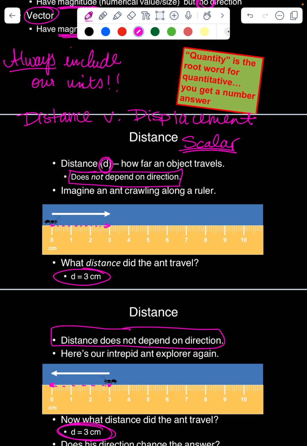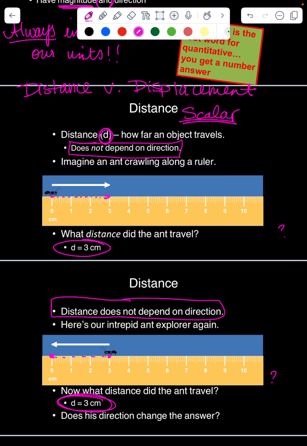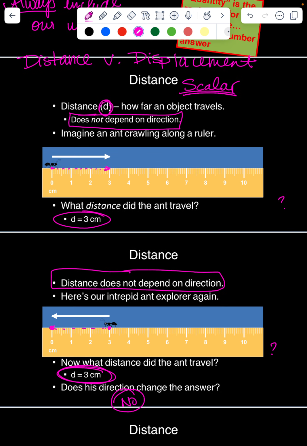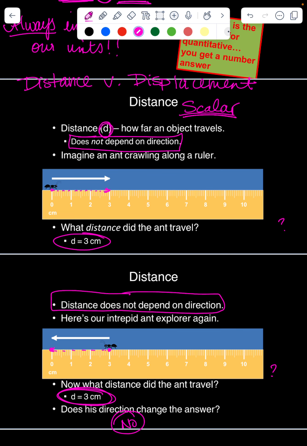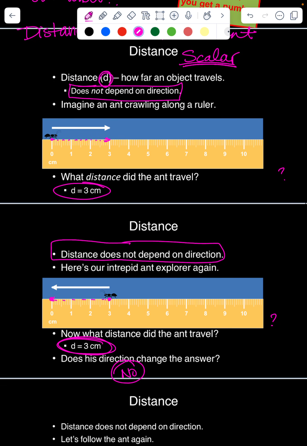Our ant just traveled 3 centimeters. So does his direction change the answer from this one to this one? No, it does not, because distance does not take your direction into account. Now let's look at this one. Okay, this was just one single path that he took.